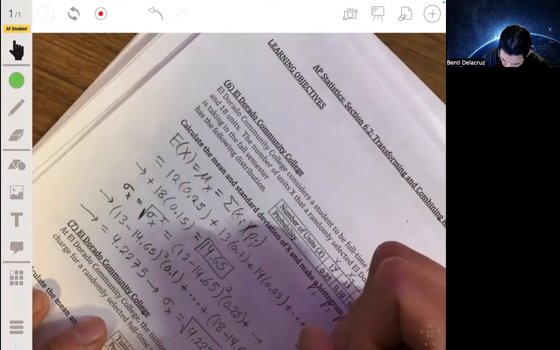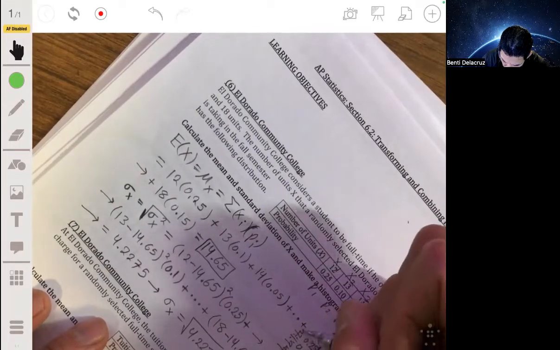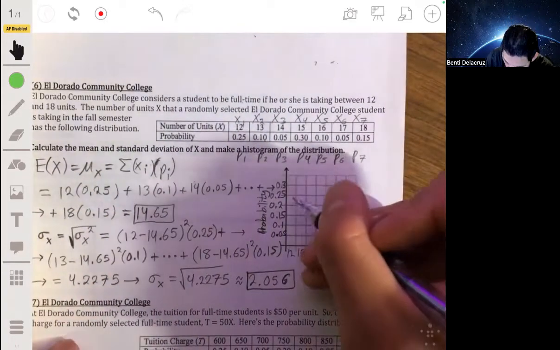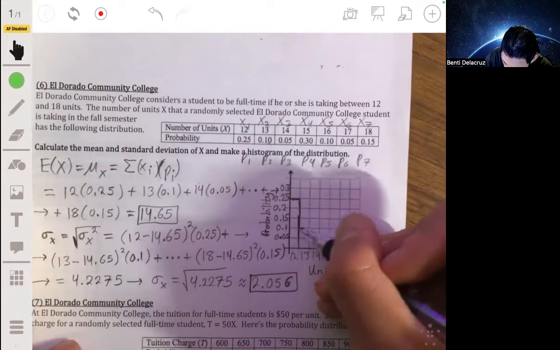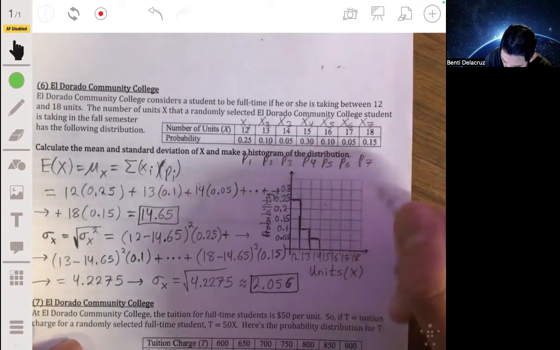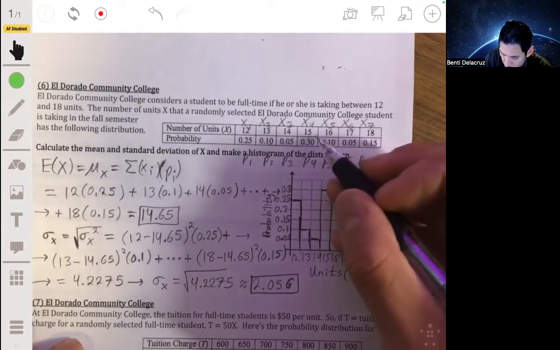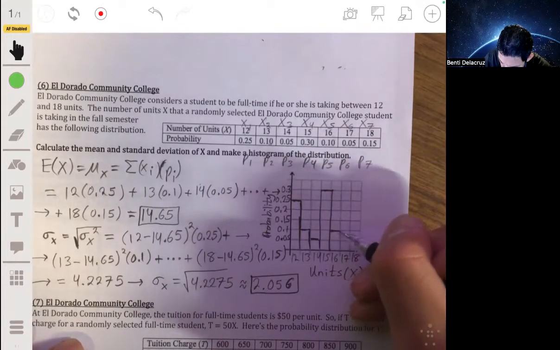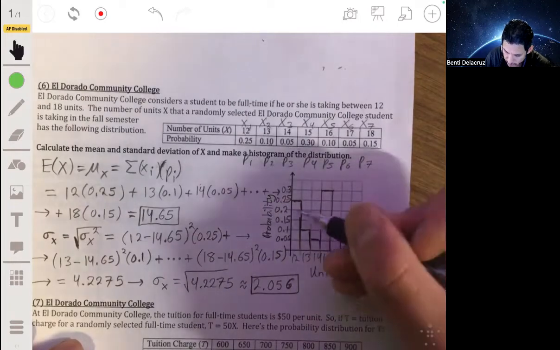Let's make sure we label it, probability. And shade them correspondingly: 0.25 for 12 units, 0.1 for the second, 0.05 for the third, 0.3 for the fourth, 0.3 for 15, 0.1 for 16 units, 0.05 for 17, and 0.15 for 18.